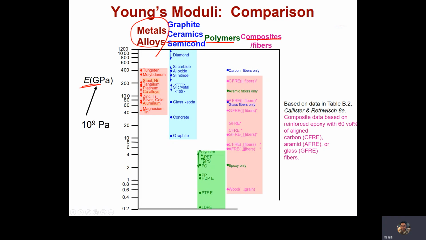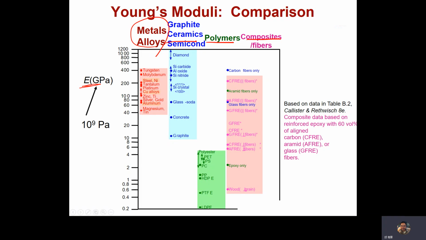We can see that the Young's modulus of metal is lower than that of ceramics, right? It's higher than polymer, and quite similar to that of the composite materials, right?